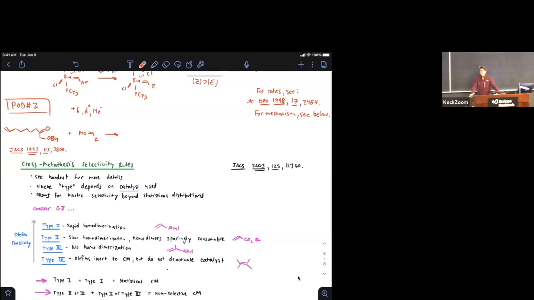Beautiful. Okay. And Jalen, what about mechanism here? I think it's going to go with the alkene first. Why? It's less hindered.